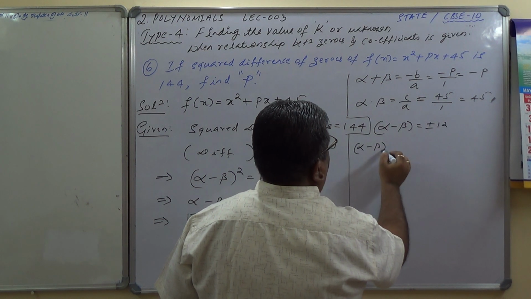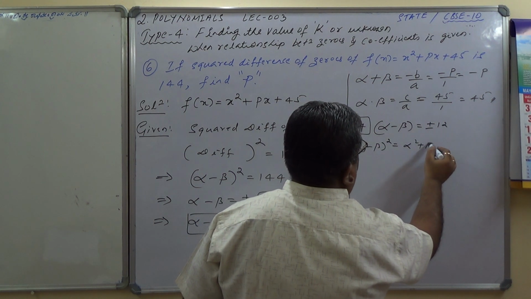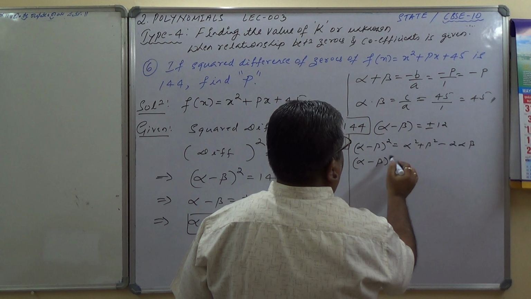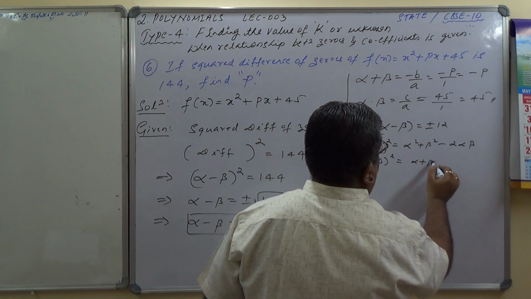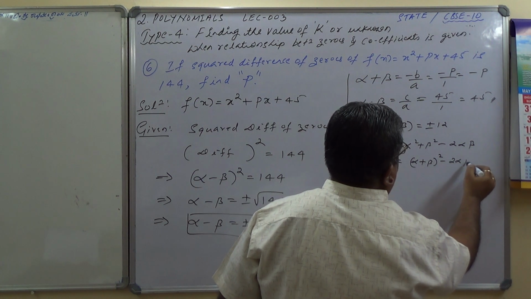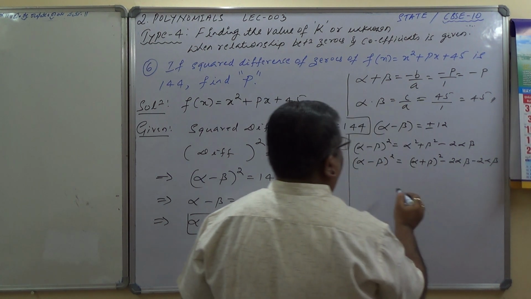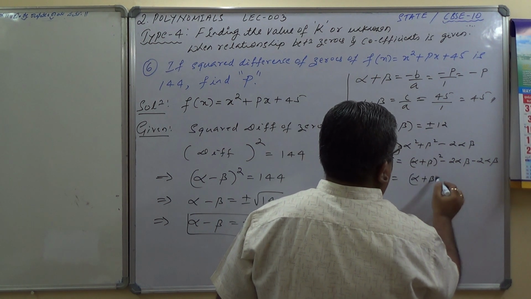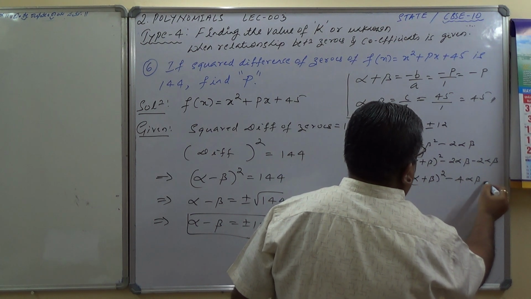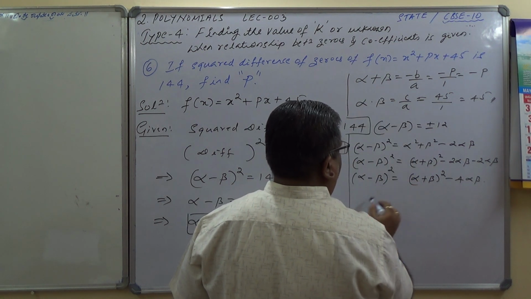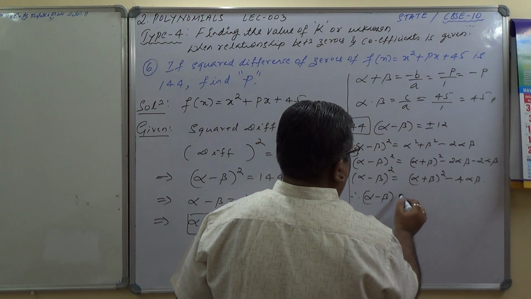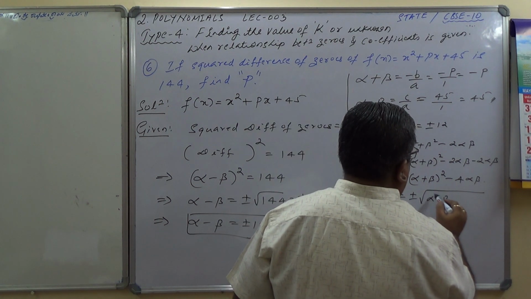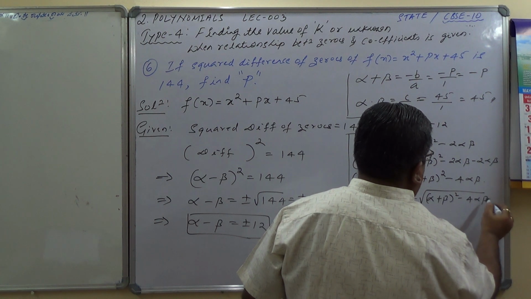Alpha minus beta the whole square equals alpha square plus beta square minus 2 alpha beta, which equals alpha plus beta the whole square minus 4 alpha beta. Therefore, alpha minus beta equals plus or minus the square root of (alpha plus beta) squared minus 4 times alpha beta, isn't it?